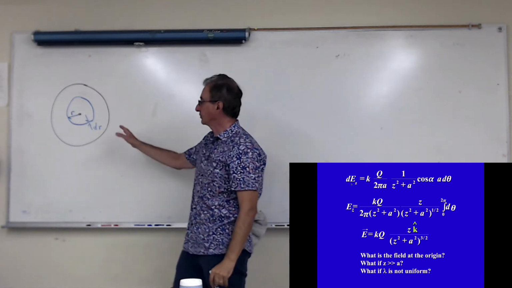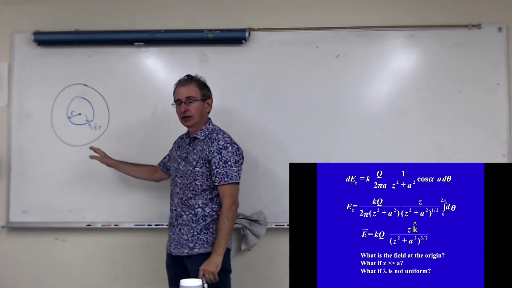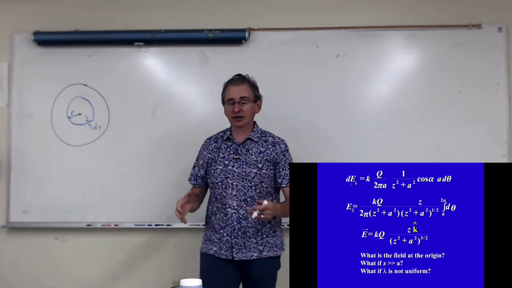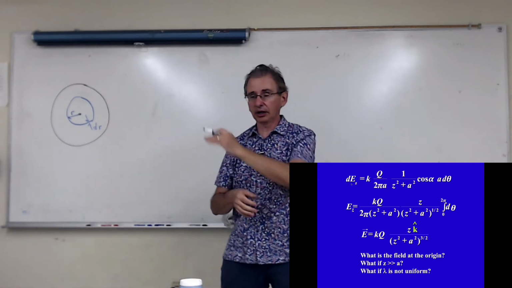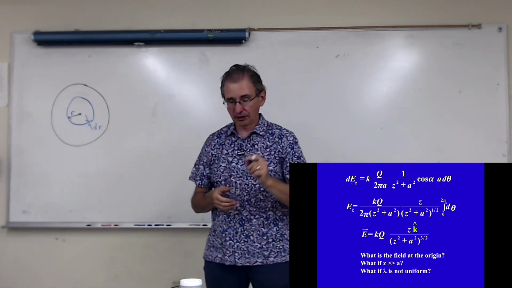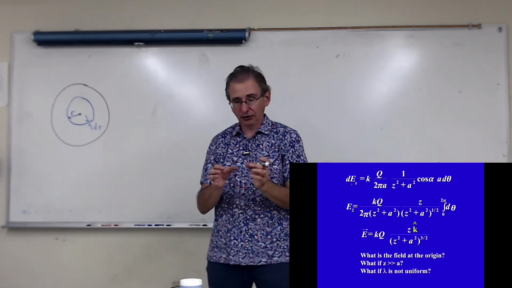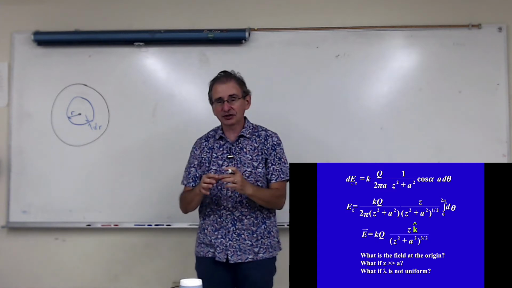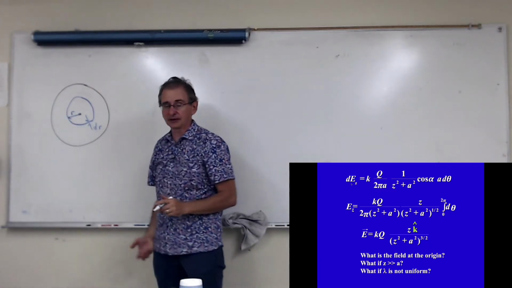So I can break up that disk into a lot of rings. Imagine you take an old tree, you saw the tree, and you see all the rings in the tree, and you think of each of the rings in the tree as one of these rings.